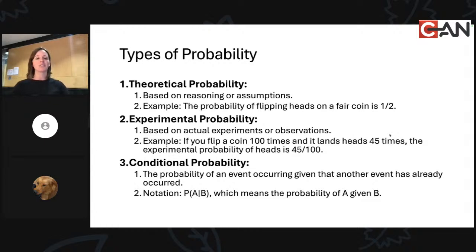Everybody generally talks about flipping a coin as a probability of 0.5. There's also experimental probability. If we actually ran an experiment, had an actual coin and flipped it 100 times and it came up heads 45 of those times, well, that probability is 0.45. It's 45 out of 100.